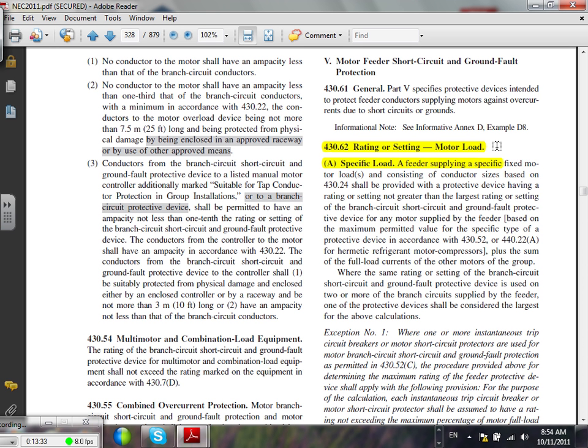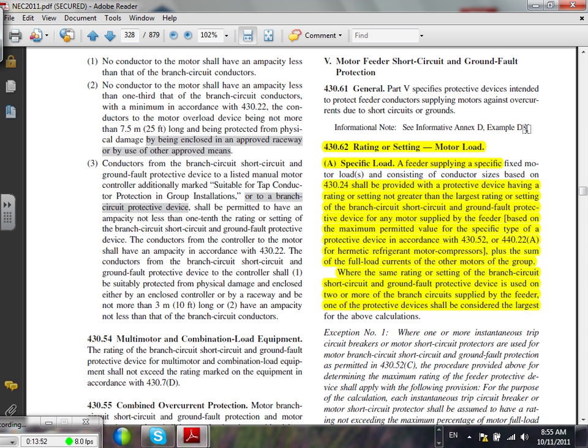I want you to highlight this one, guys. Rating or setting for motors. For feeders. Now we're talking about feeders. I want you to highlight this, and I'll explain it as we go. The whole deal here. All this.